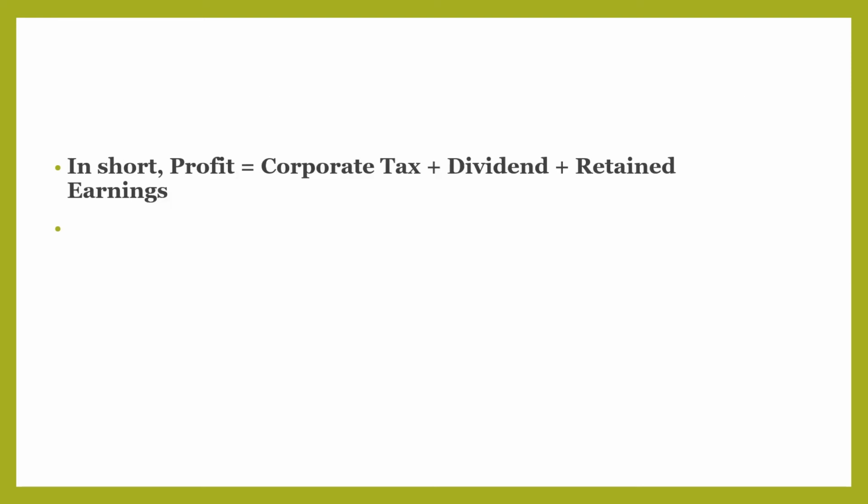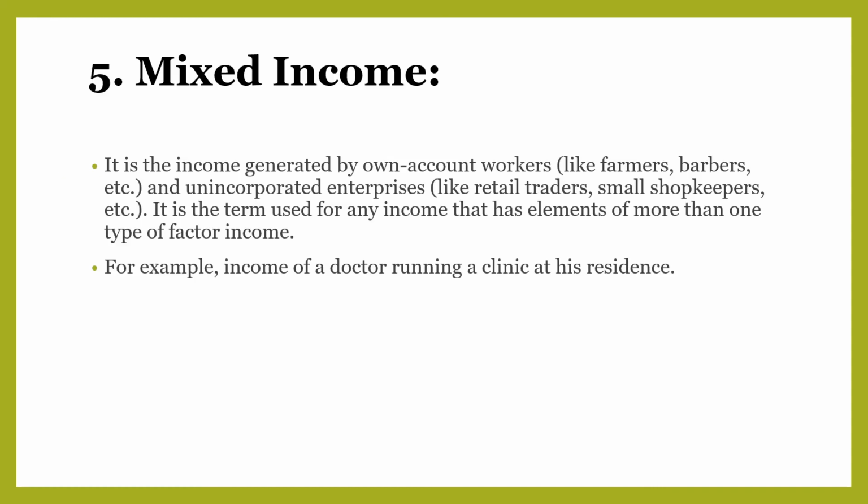Now, in short, profit is equal to corporate profit tax plus dividend plus retained earnings. If profit is given in the question, take it as it is. If it is not given, then you have to calculate by this formula: corporate tax plus dividend plus retained earnings. Now, the last factor income, that is mixed income.